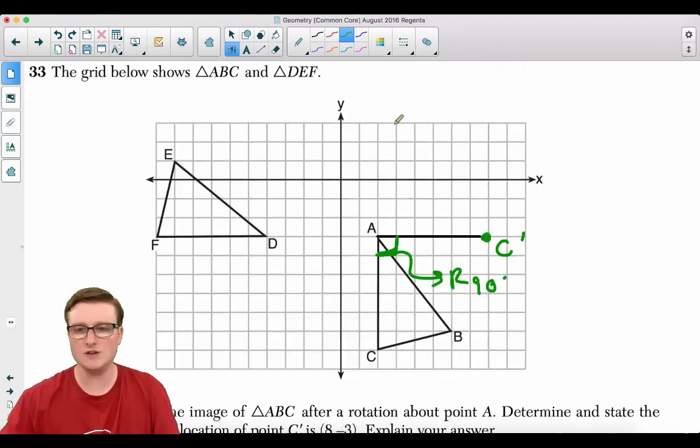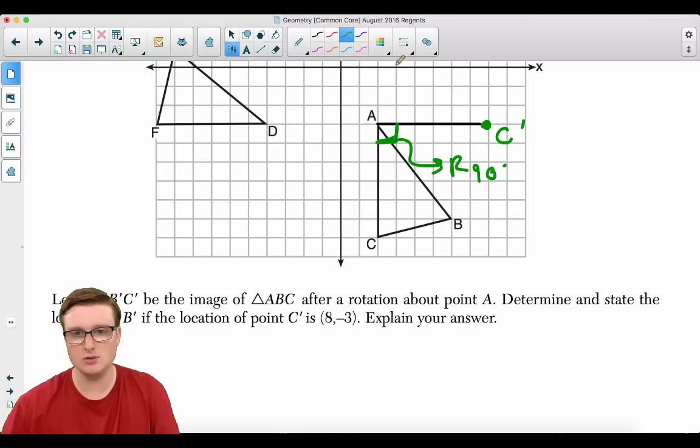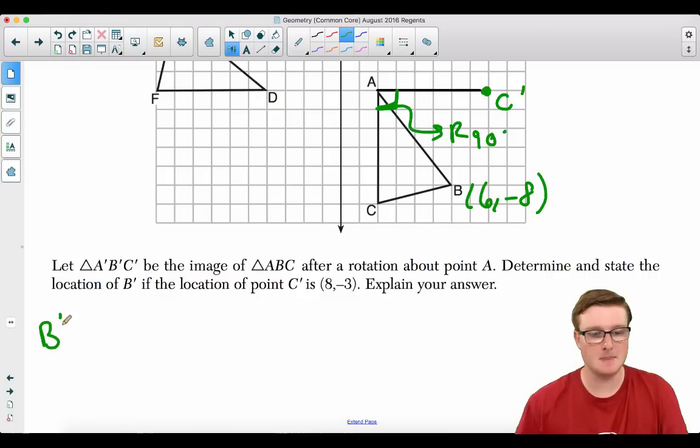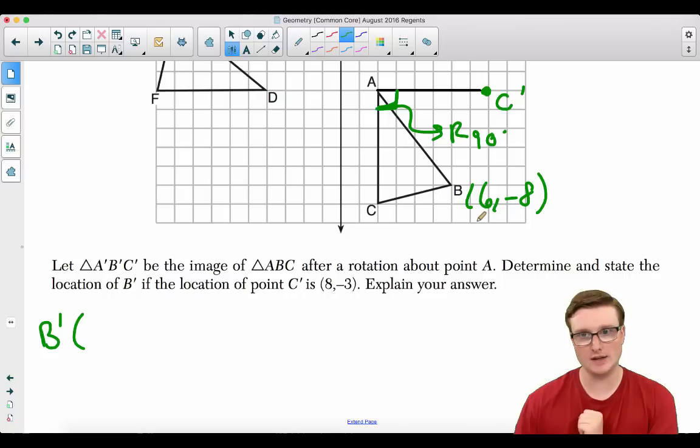So the location of B, well, B is the point 1, 2, 3, 4, 5, 6, down 1, 2, 3, 4, 5, 6, 7, 8. So this is (6, -8). So therefore, B prime must be located at the rotation of 90 degrees. So in order to rotate this 90 degrees, you flip the ordered pair and you change the sign of the first.